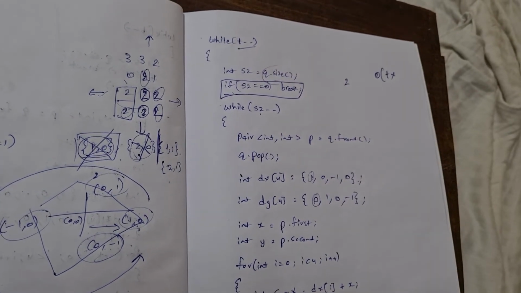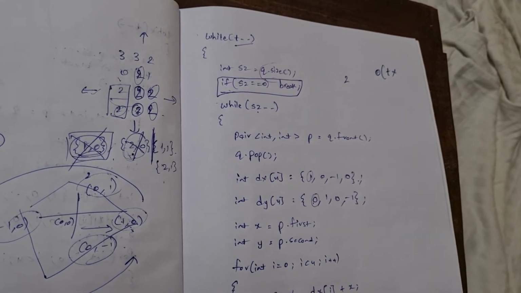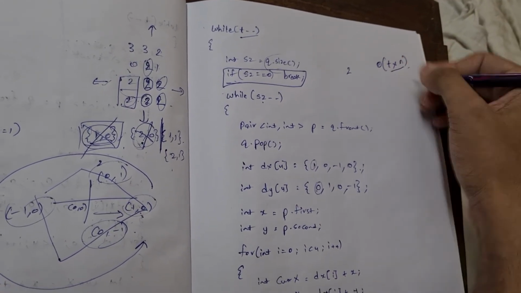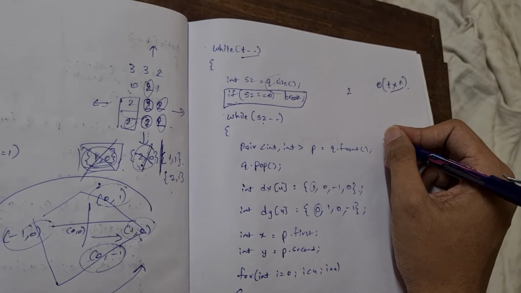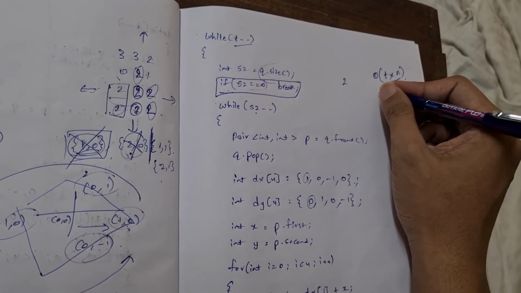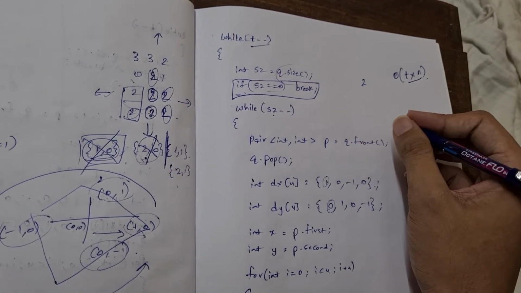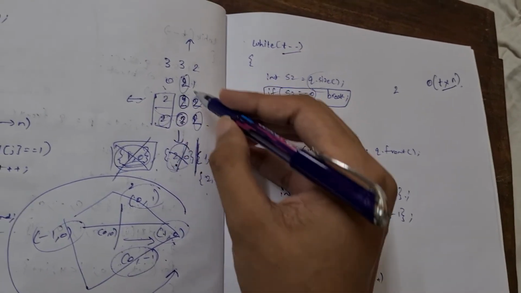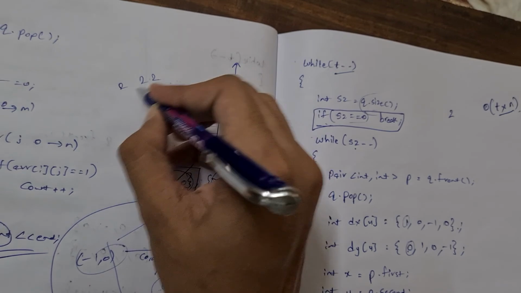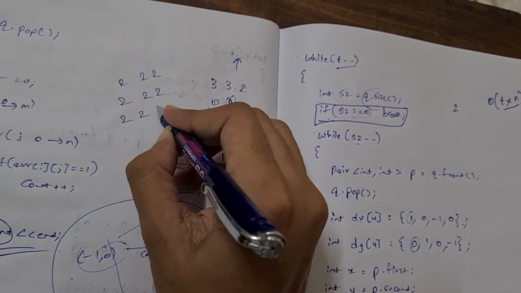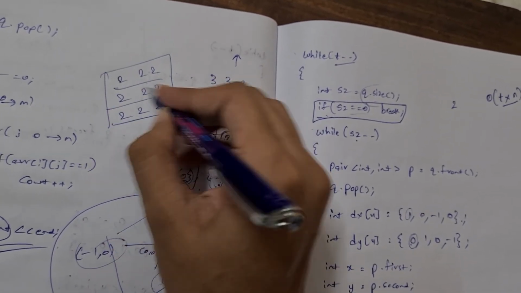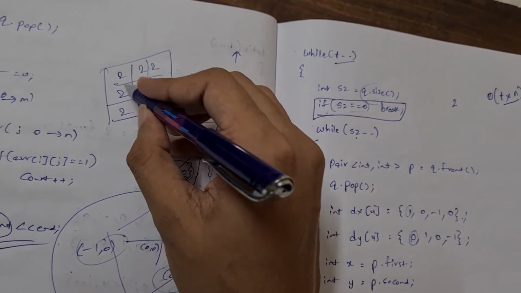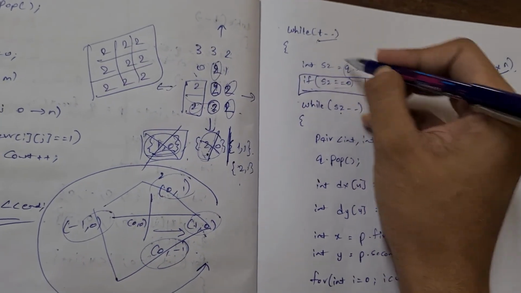So if we take the worst case condition, then it will be n. So O of t times n will be the worst case condition. But if we use this one, then if all the apples in the grid or the basket are rotten, we have to check each and every adjacent of this element, then that will be n.